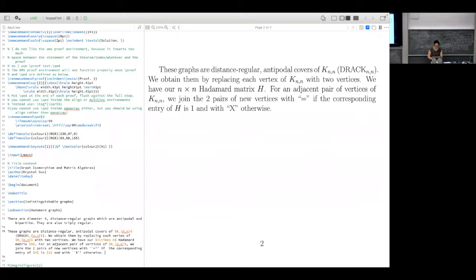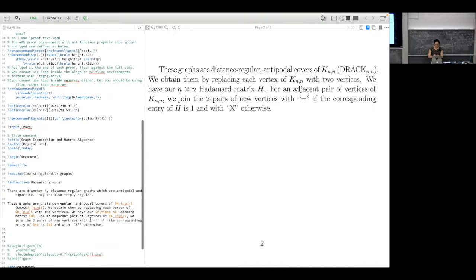Akihiro already gave you their parameters this morning and all the relevant information, so I don't have to. But I do maybe have to tell you about how they're indistinguishable.